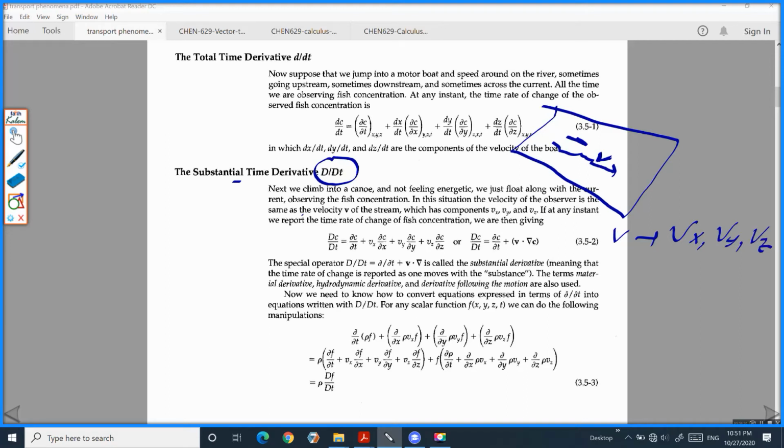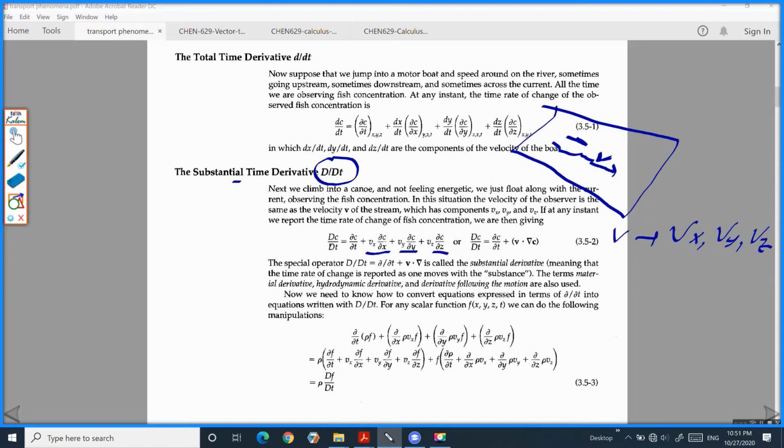At any instant, we can report the time rate of change of the fish concentration by this formula. So Dc over Dt, the substantial time derivative, is equal to the partial derivative of c with respect to t, plus vx multiplied by the partial derivative of c with respect to x, and so on.